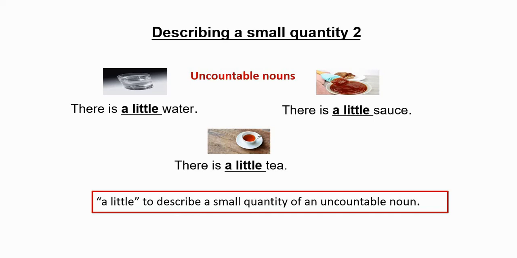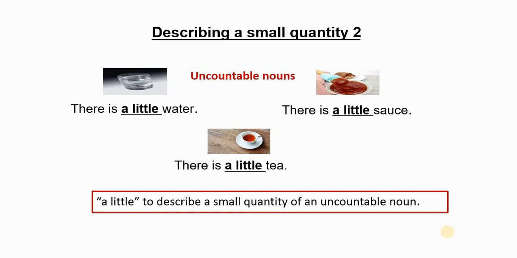But here we are not using it to describe the size. We are using a little to describe small quantity of an uncountable noun. So the summary, these two rules are easy.